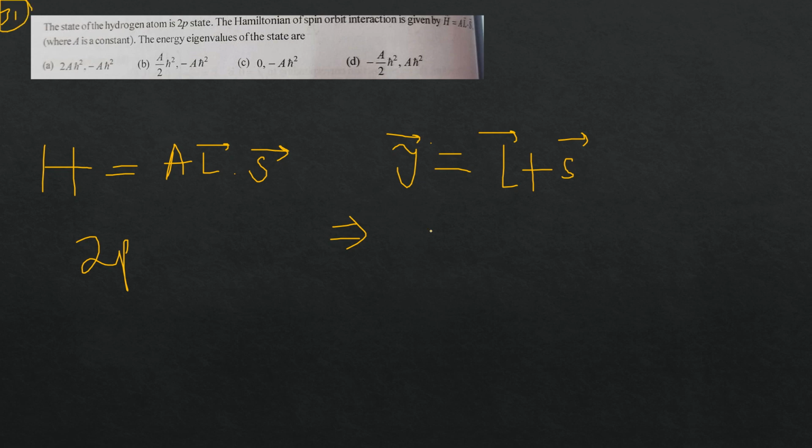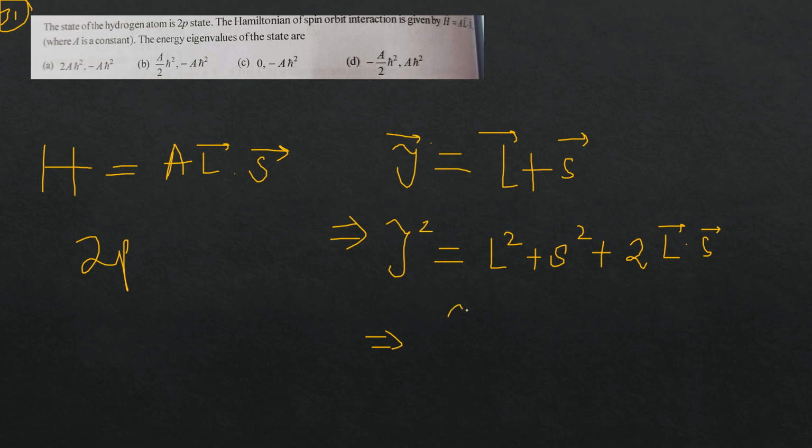J square is equal to L square plus S square plus 2L dot S. So J square minus L square minus S square, all divided by 2, is equal to L dot S. Now we'll just put the values of J, L, S. J is equal to what? J square is h cut square.